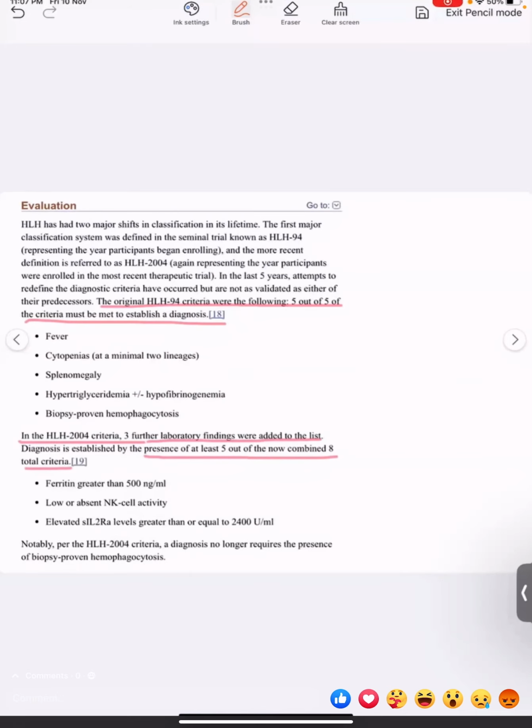Okay, this is the diagnostic criteria for hemophagocytic lymphohistiocytosis. It means here we have histiocytosis, but other cells like lymphocytes, macrophages, and others may also have uncontrolled upregulation. So we have these criteria which must be present to make a diagnosis of HLH.